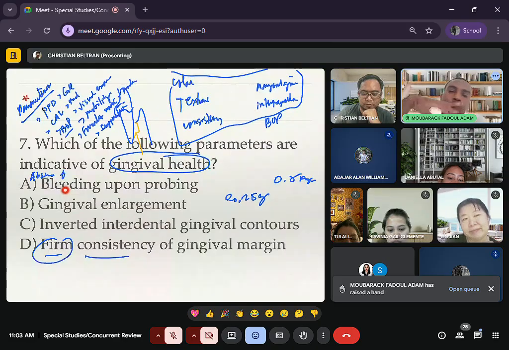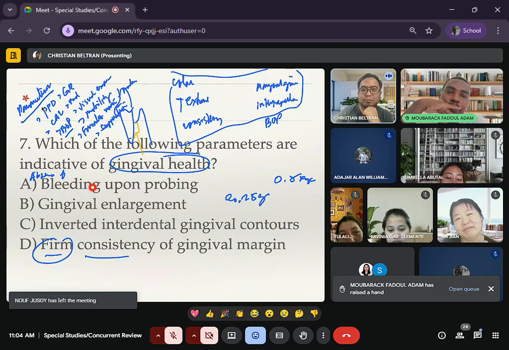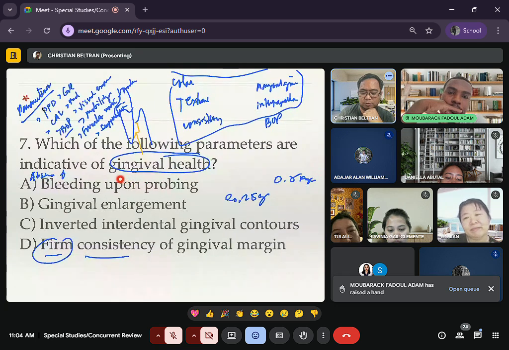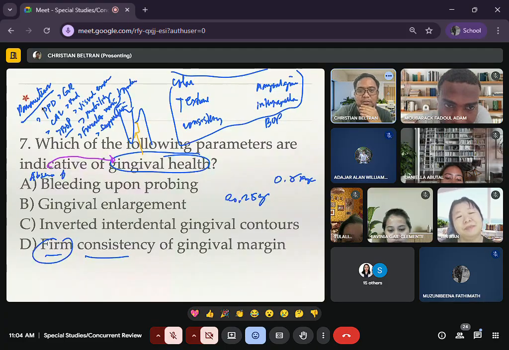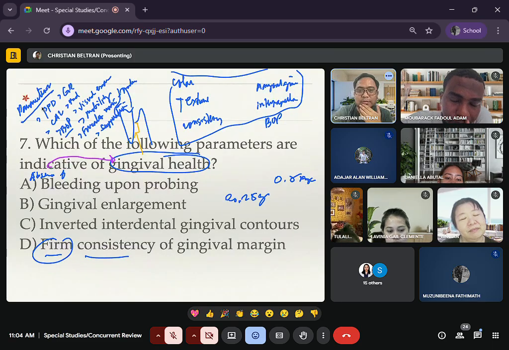There should be absence of bleeding upon probing for you to classify it as a healthy gingiva. If you just say bleeding upon probing, it means when you probe, it bleeds. So you need to say the gingiva is inflamed. Bleeding on probing is the earliest sign of gingival inflammation.